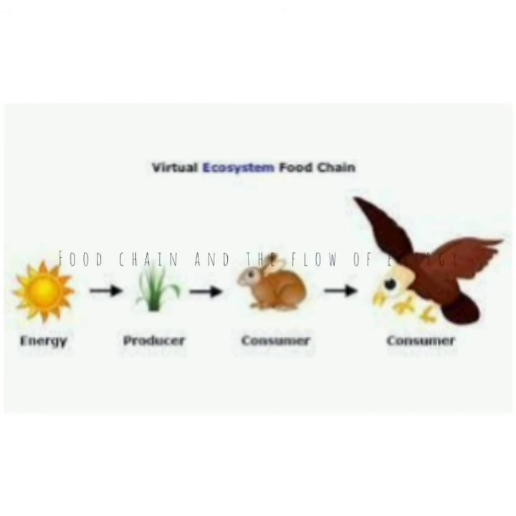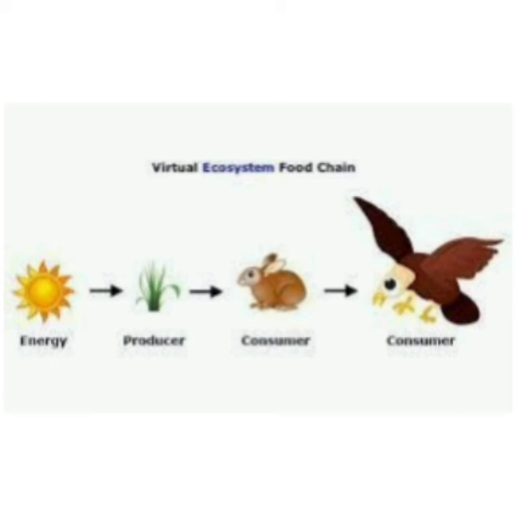Food chain and the flow of energy. Plants trap the sun's energy and make food during the process of photosynthesis. Plants are food for animals such as rabbits. Rabbits are in turn eaten by animals such as snakes, and snakes are eaten by eagles.